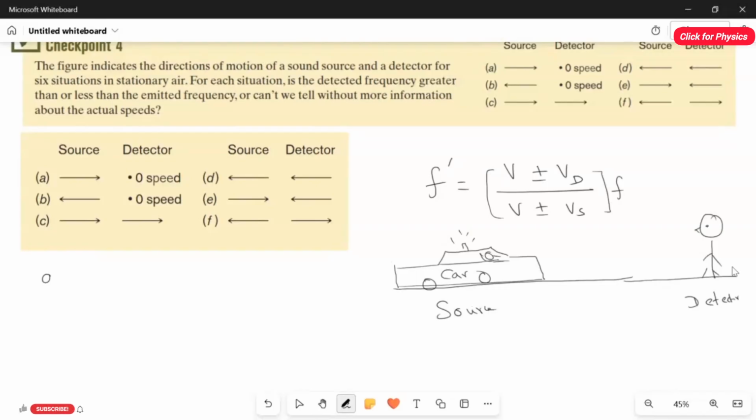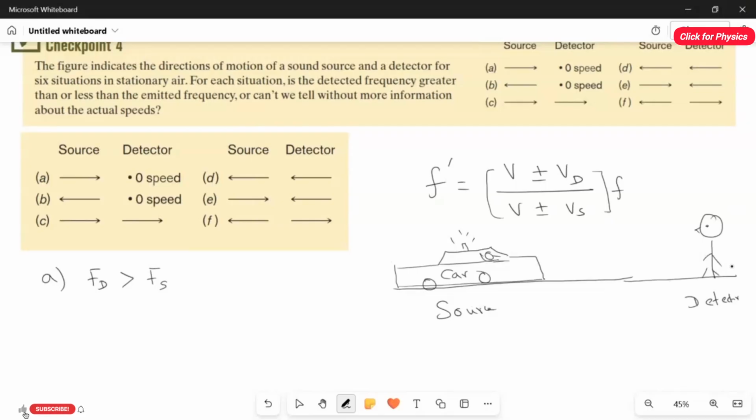He will hear a higher frequency. That means the frequency detected by the detector will be greater than the frequency from the source. Clear? So this is the answer for the first part.